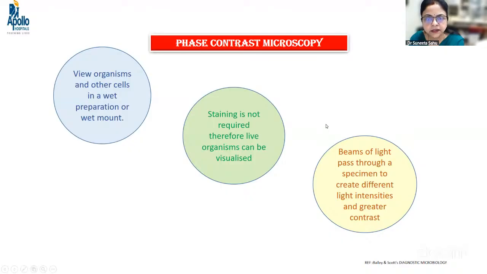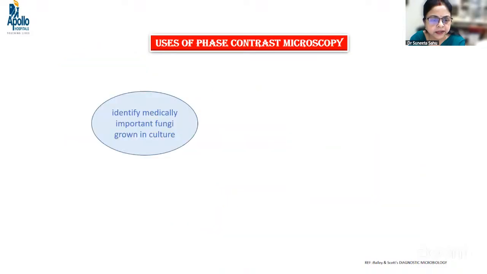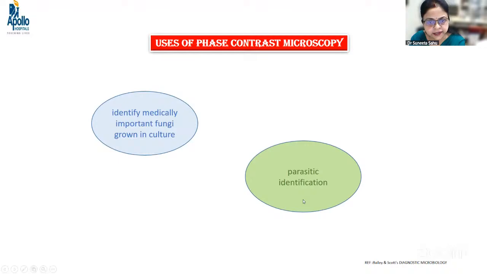So this is the way by which we can do phase contrast microscopy, and we visualize the movement of the organisms, and therefore we can give a quick diagnosis and tell which type of organisms are present with the help of a phase contrast microscope. Its uses: it identifies medically important fungi grown in culture, and it also has parasitic identification. These are the extra uses of phase contrast microscopy.